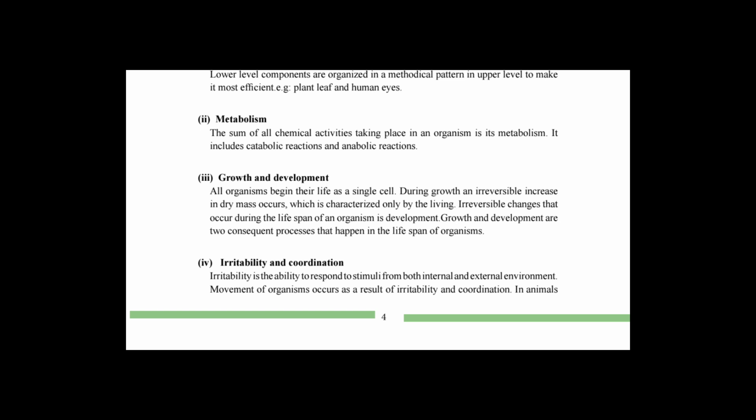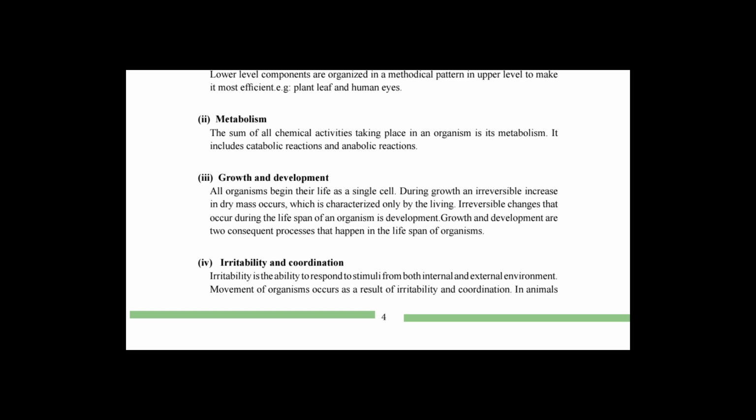Okay. During growth, an irreversible increase in dry mass occurs. So the definition of growth is the ability of living organisms to irreversibly increase in their dry mass. Okay, which is characterized only by living things. So only these living organisms can show this irreversible increase in dry mass.